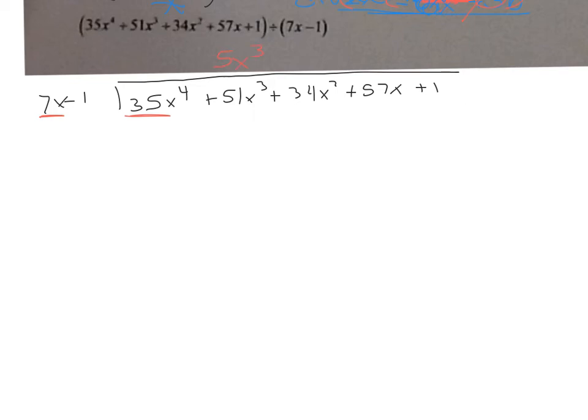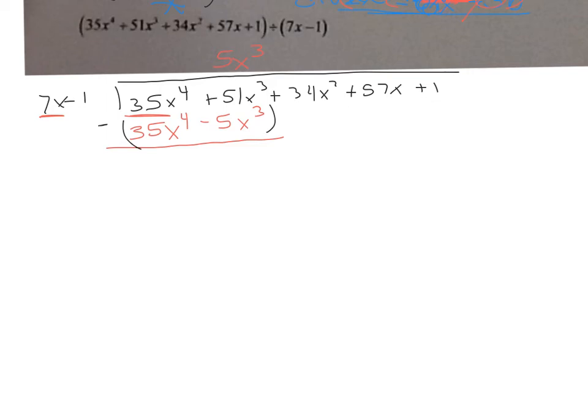All right, so make sure you multiply down. So I have 5x to the 3rd times negative 1 is negative 5x to the third. And 5x to the third times 7x would be 35x to the fourth. Now remember, we are subtracting here.